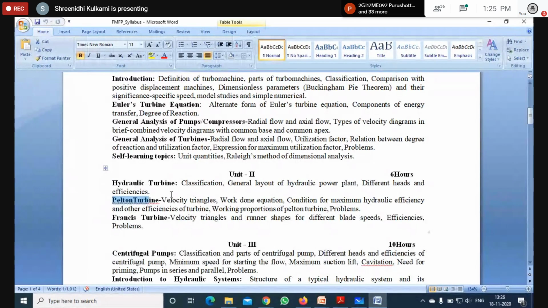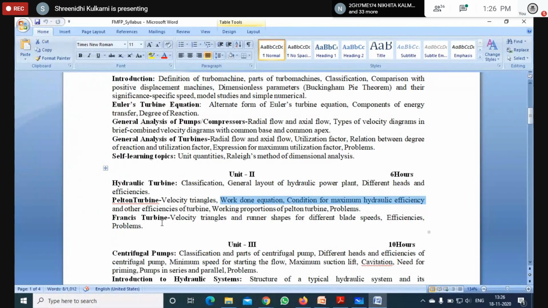So in this unit you will get only one derivation, on the Pelton turbine. Here you can see the work done equation and the condition for maximum hydraulic efficiency. So this is your derivation. You have only one derivation in unit 2, and there is no derivation on the Francis turbine.